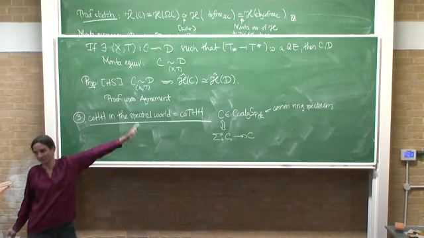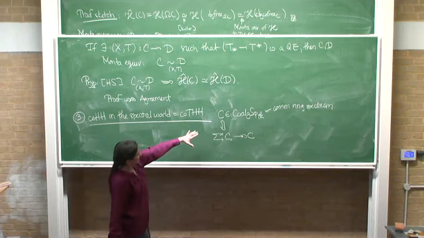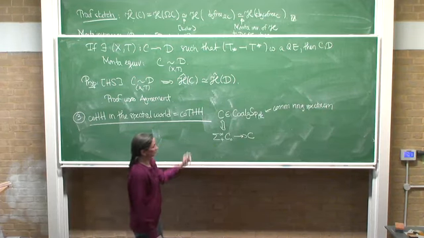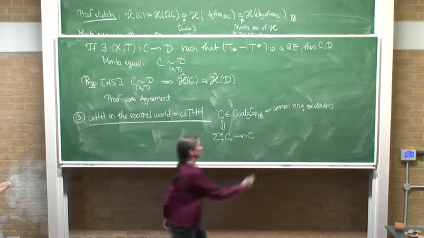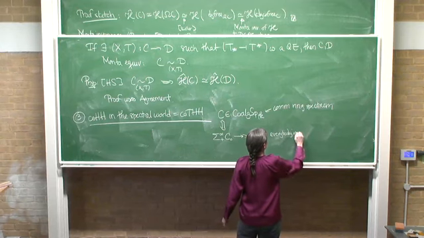This is whatever your favorite model category of spectra is, diagram spectra, any kind of diagram spectra, or S-modules or something like this. So everybody is cocommutative.